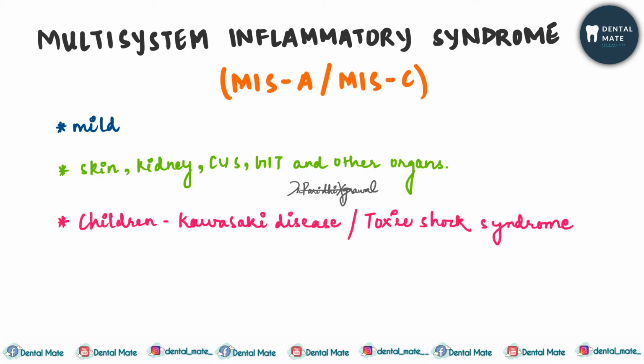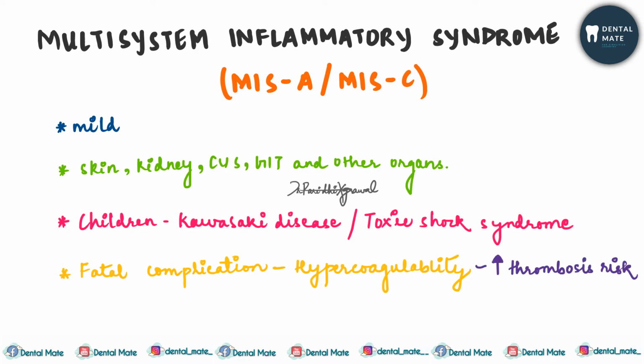One of the fatal complications of COVID-19 is hypercoagulability. We know that this is due to the involvement of ACE2 receptors of endothelial cells of the blood vessels. Because of the hypercoagulability, there is increased risk of thrombosis.